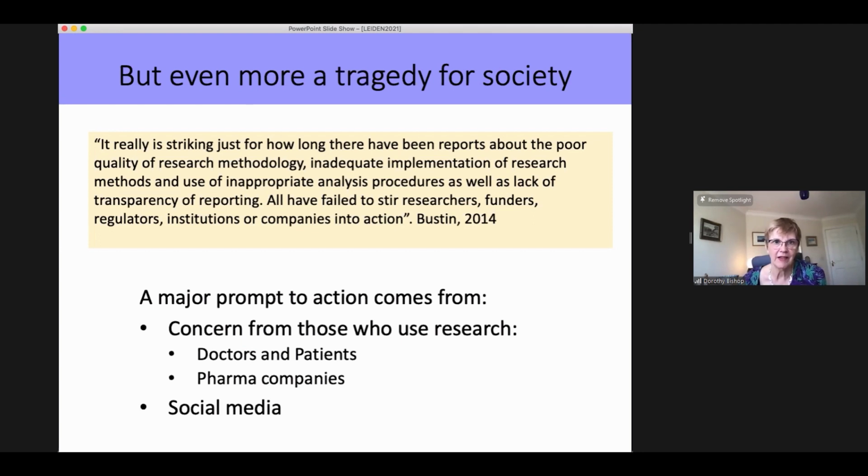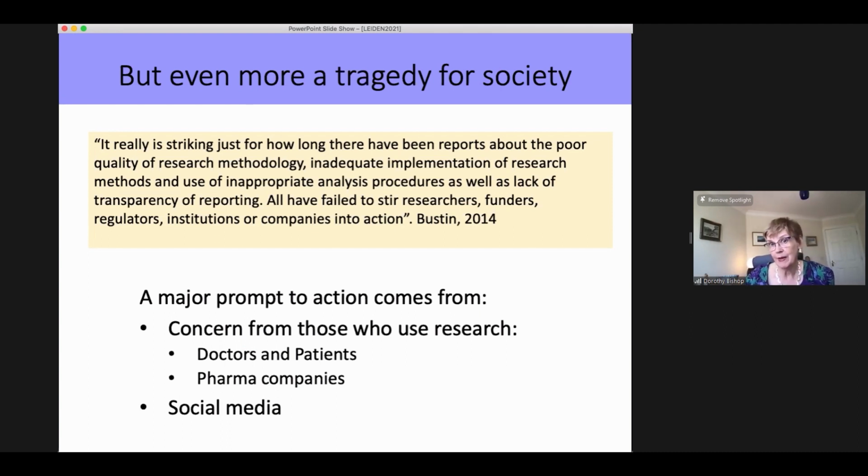But the interesting thing is it's coming not really just from academics, but it's coming from those who use research. So doctors and patients, pharmaceutical companies, who are often painted as the villains because they make money out of drugs, but actually they don't want to waste their funding, and they've been very vocal in pushing for better standards.